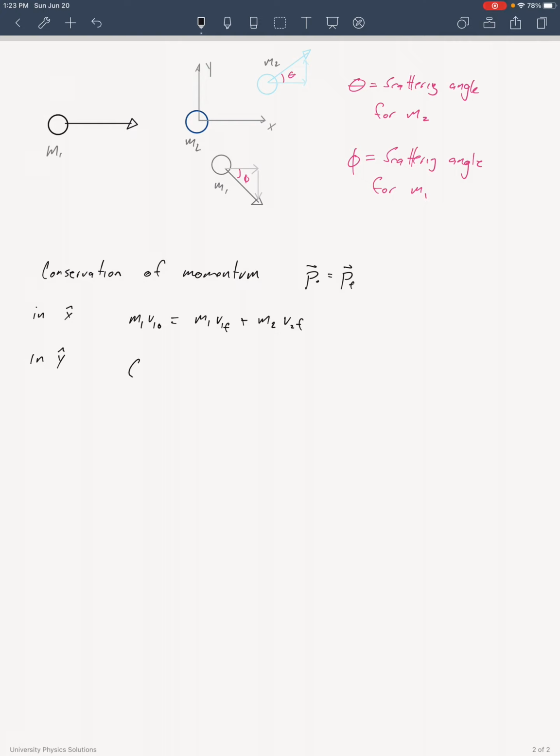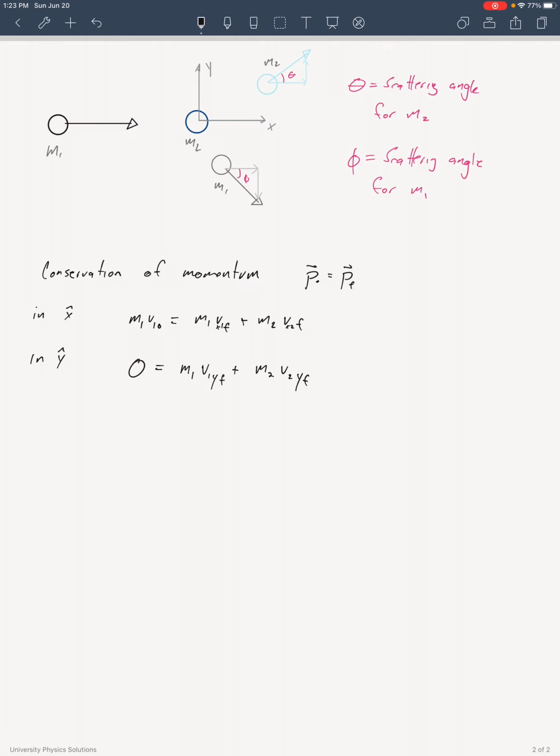So in the y direction, I have 0 is equal to my initial momentum, and that has to be equal to my final momentum, which is m1 v1 in the y direction final plus m2 v2 in the y direction final.